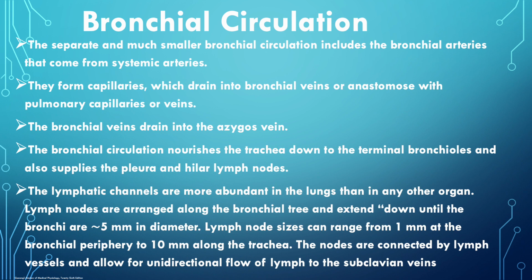Lymph node sizes can range from 1 millimeter at the bronchial periphery to 10 millimeters along the trachea. The nodes are connected by lymph vessels and allow for unidirectional flow of lymph to the subclavian vein.